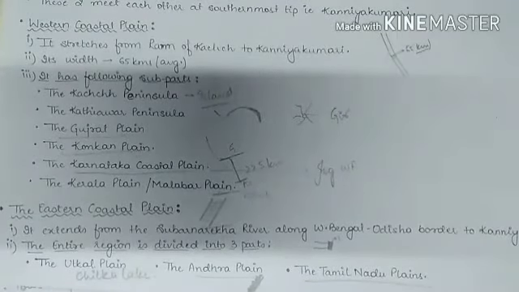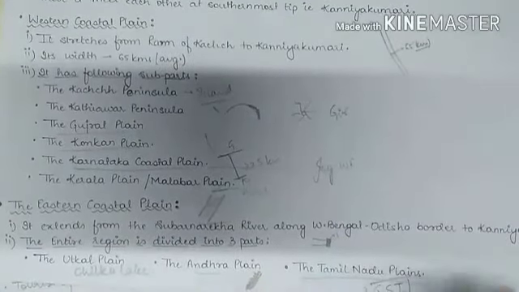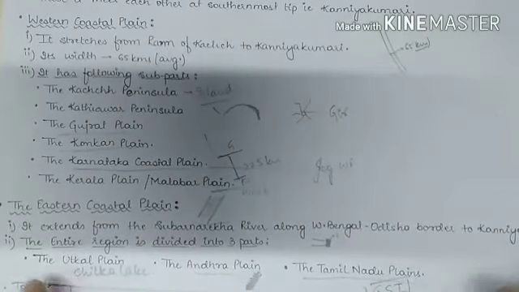This Kaveri Delta is a plain which is 130 kilometers wide, and the fertile soil and large-scale irrigation facility have made this Kaveri Delta a granary of South India. Mark it, it is not a granary of the whole India. We have a granary of South India. What was the granary of the whole India? Punjab and Haryana.